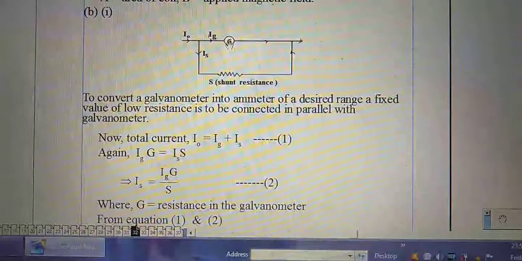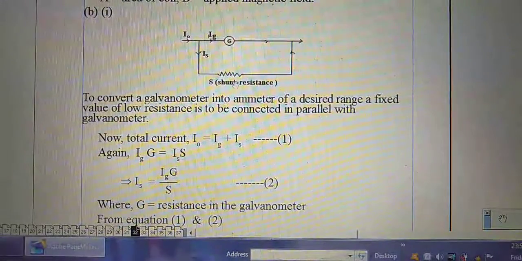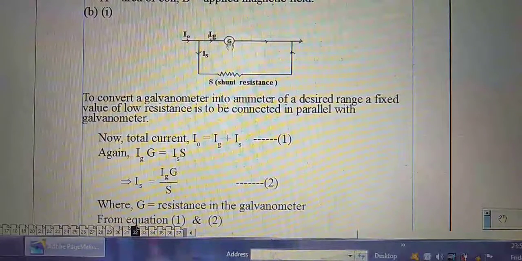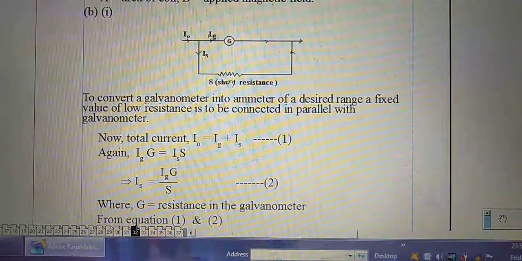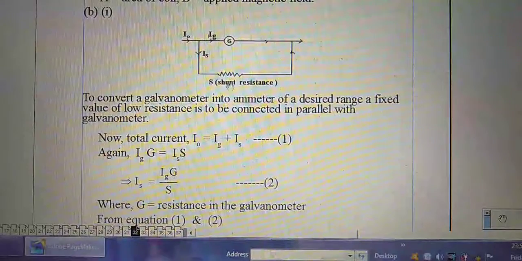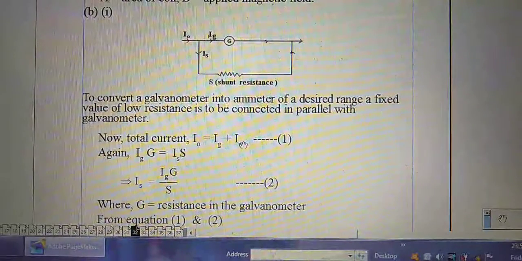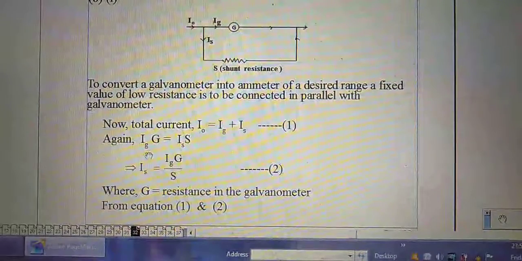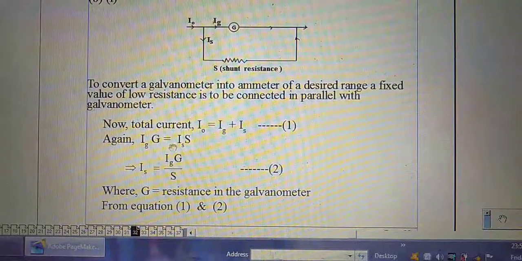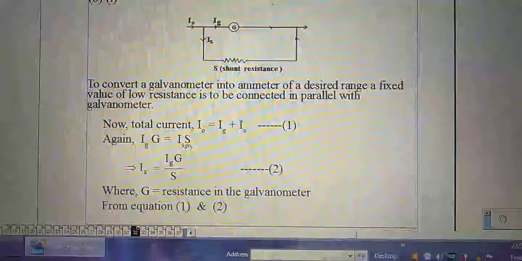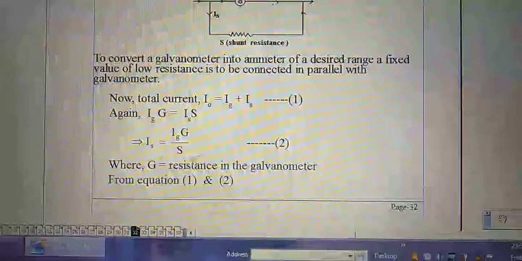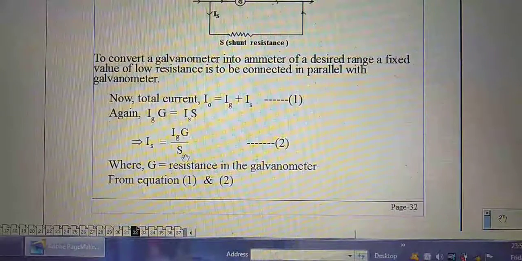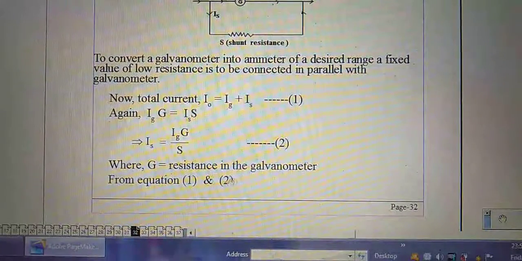Again, galvanometer resistance and shunt resistance are parallel, so the voltage across them must be equal, that is Ig into G equals Is into S. Then Is equals Ig into G divided by S, where G is the resistance of the galvanometer.